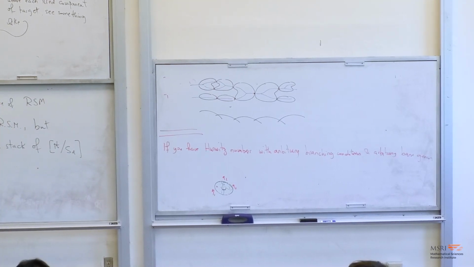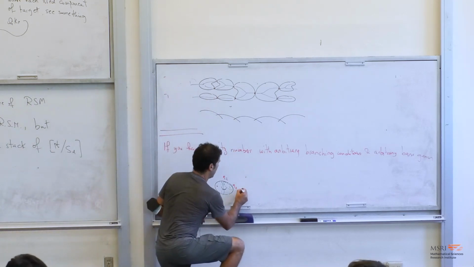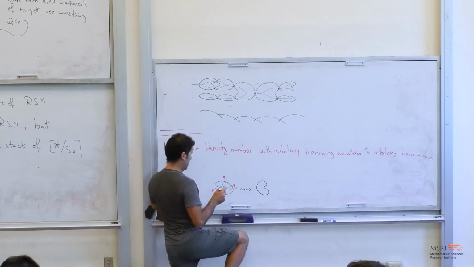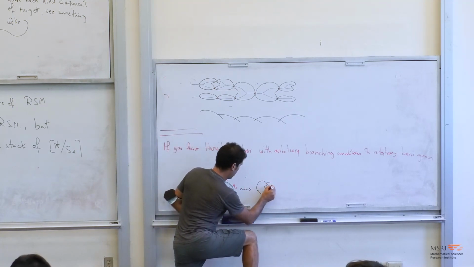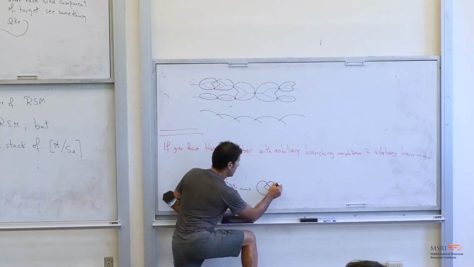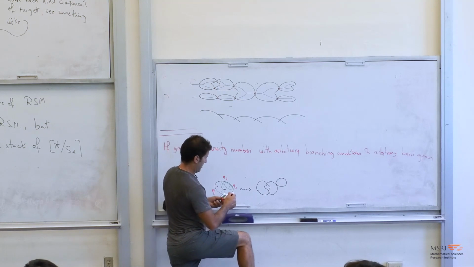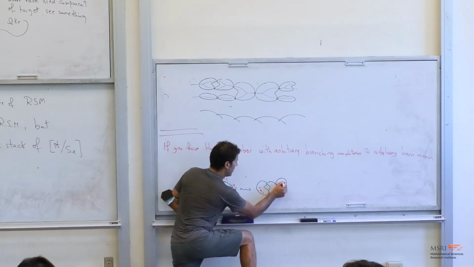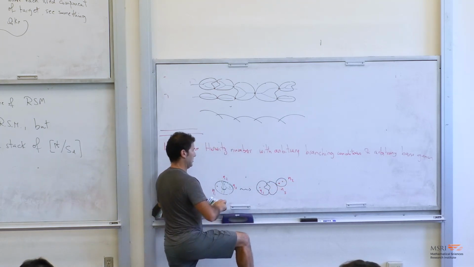If I pull these 2 loops, what do I get? I get one of these, one of these, and one of these. I have eta 1, eta 2, eta 3, 2 components.